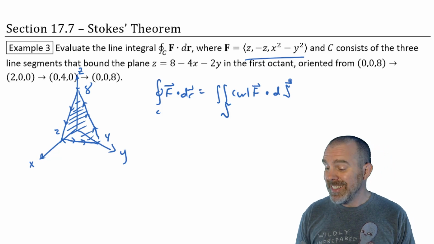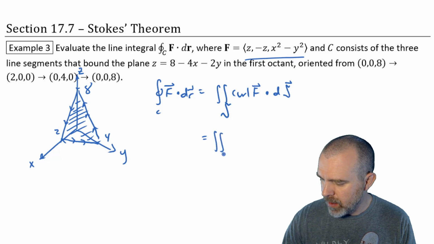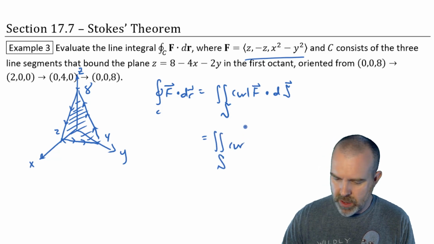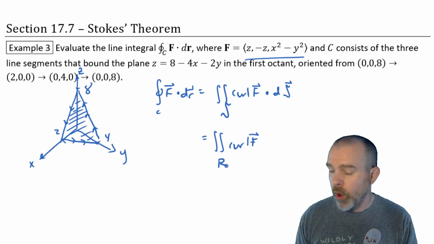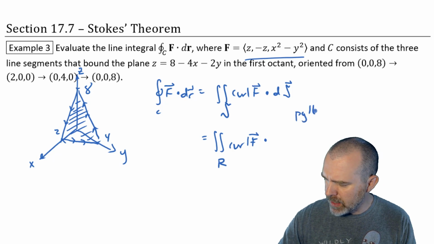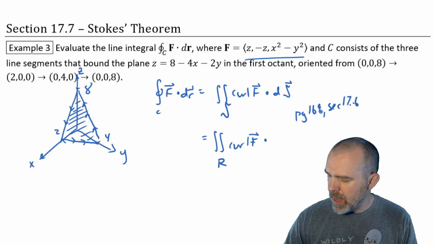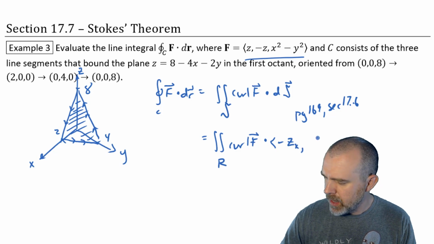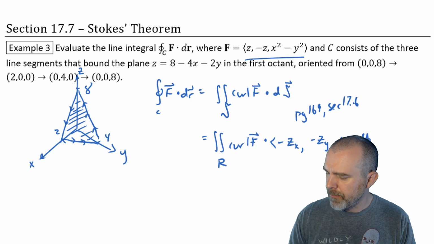In this particular case, z is given to us explicitly as a function of x and y. And so we can find the double integral over the region, and then we have this, I believe from page 169 in section 17.6, that this is negative partial derivative of z with respect to x, negative partial derivative of z with respect to y, 1 dA.